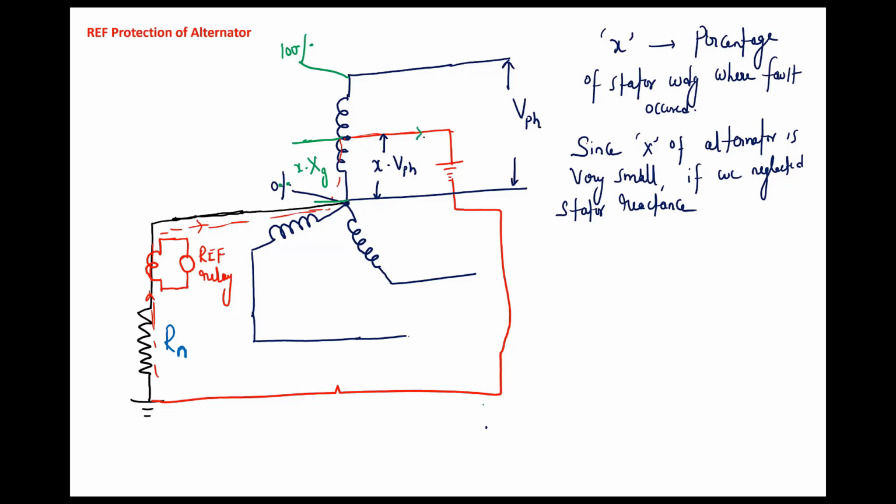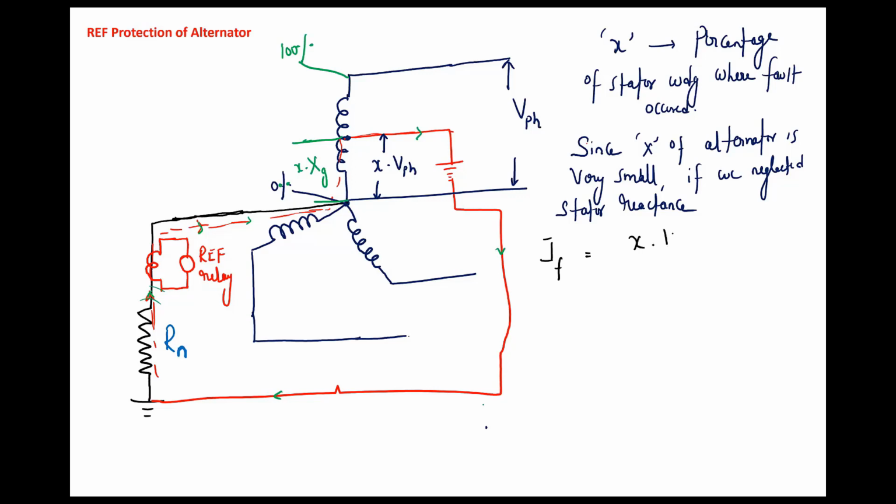The current that is flowing through the fault is limited by whom? Is limited by only the neutral grounding resistance. So the fault current that is flowing through the neutral is how much?